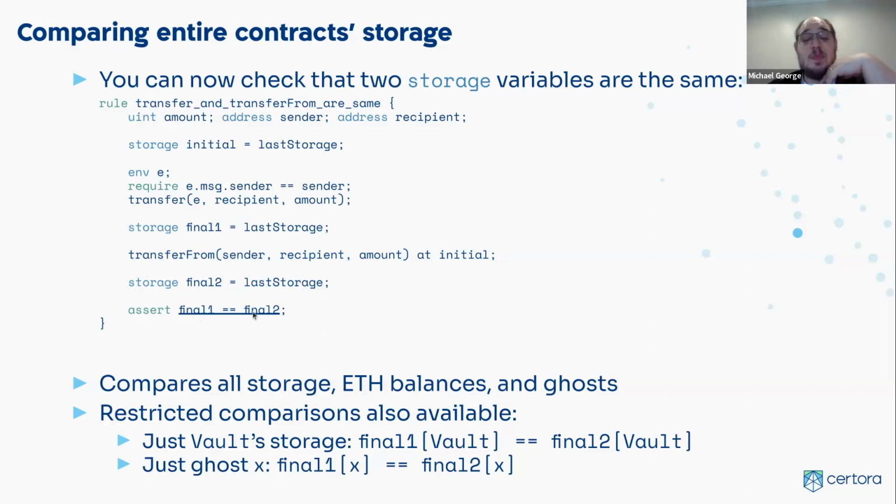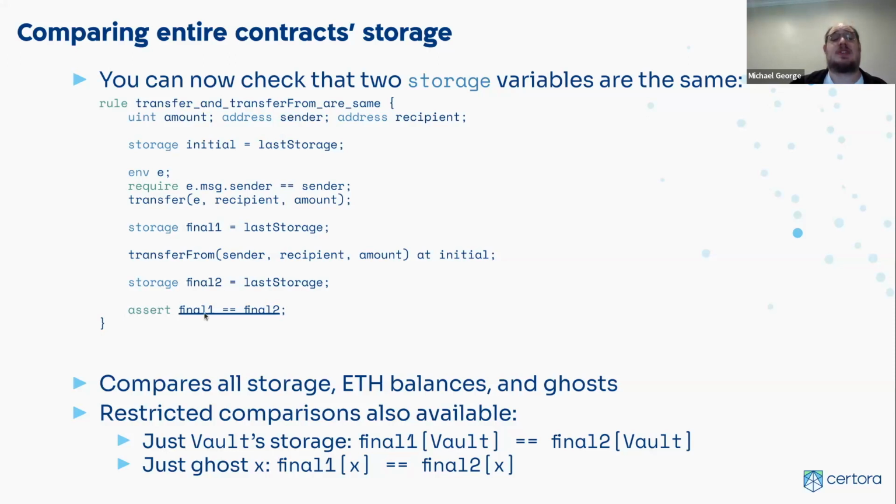Okay. Comparing two storage variables like this compares all the storage, all the ETH balances of all contracts, all the ghost variables. And sometimes that's too much. Sometimes you might not care that you have exactly the same effect on one contract. You only care about maybe the effect on the underlying contract, or only the effect on the vault or whatever.